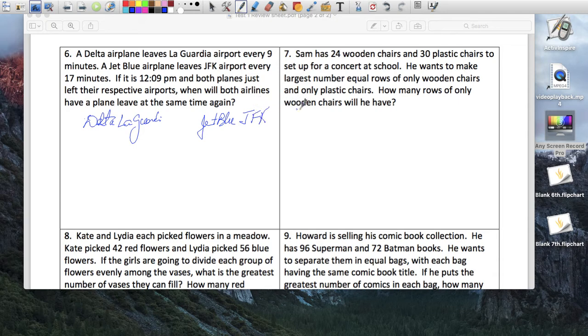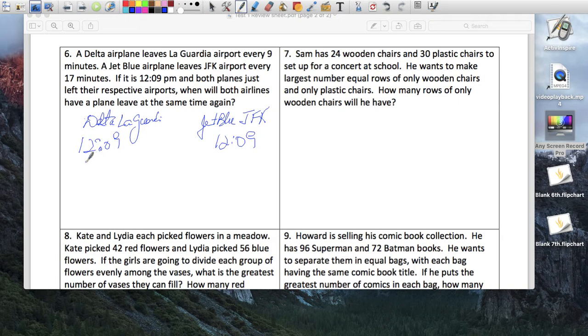If it's 12:09 p.m., both planes just left. When will both airlines have a plane leave at the same time? So it was 12:09 right now, and 12:09 here, and 1 airplane from each airport just left together at the same time from different airports, of course. When will that happen again? When do you have 1 from each airline leave at the same time from different airports?